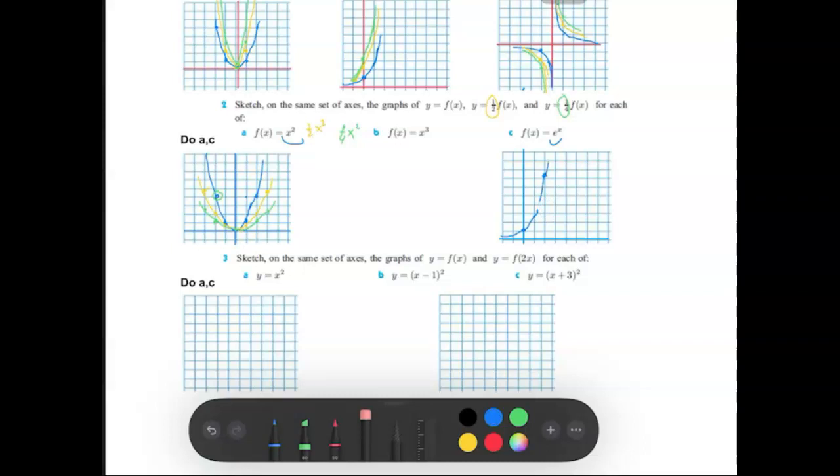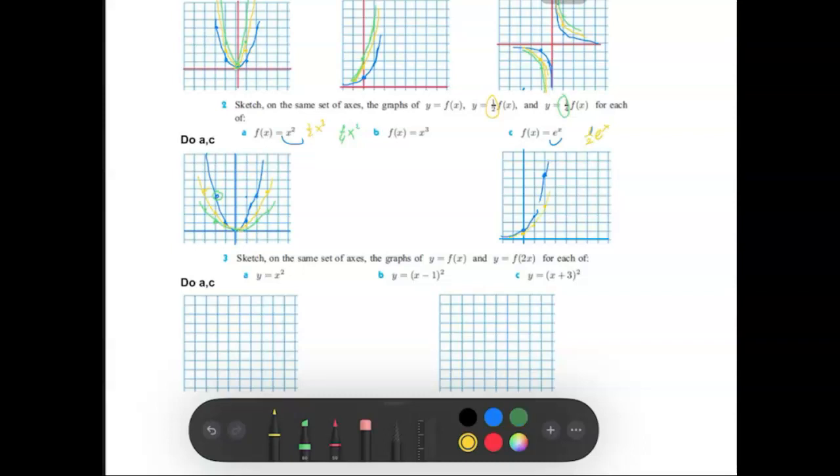Now I'm going to draw the function 1/2 e to the x. So this would be half as far, and this, instead of being 7, will be like 3.5, and this would be like 1.3.